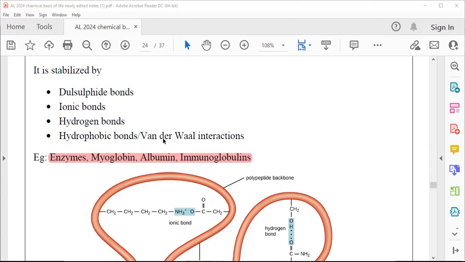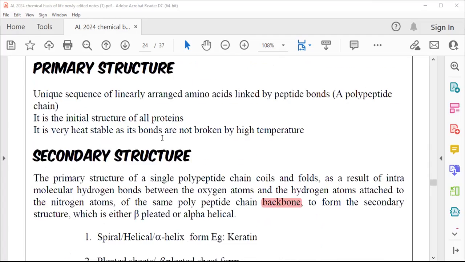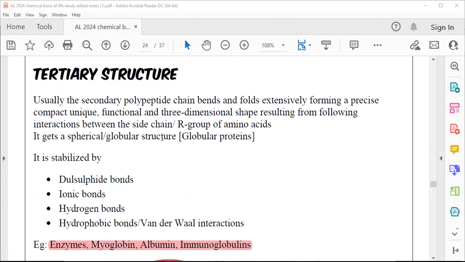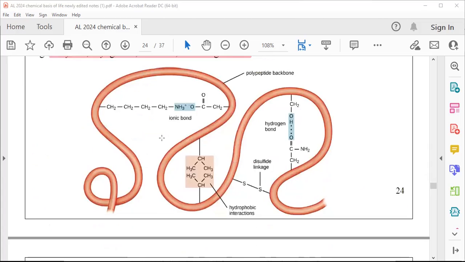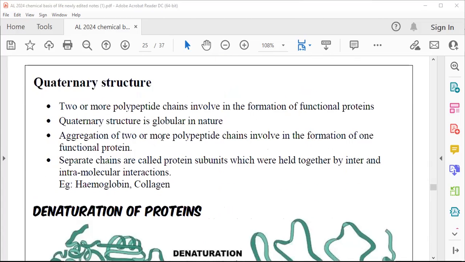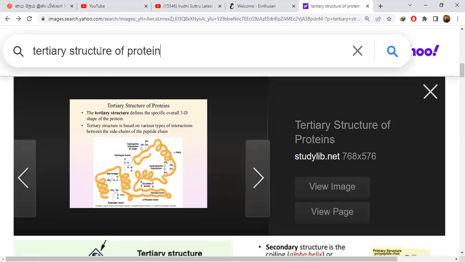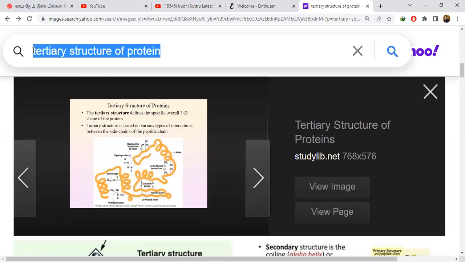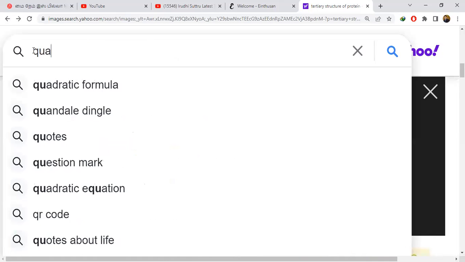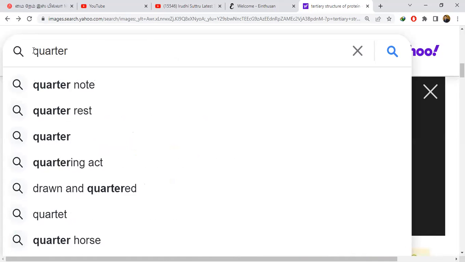Are you clear regarding tertiary proteins? Yes, sir. Good. Coming to the next idea. What kind of structure? Quaternary structure.